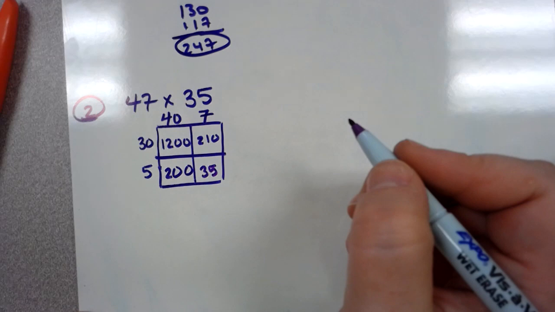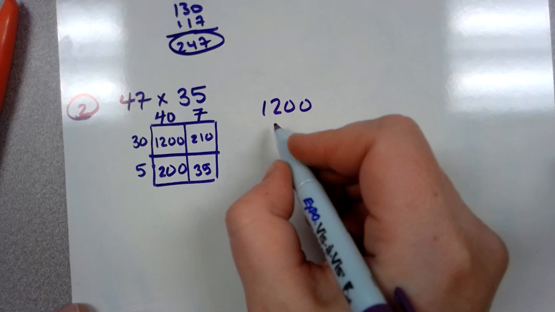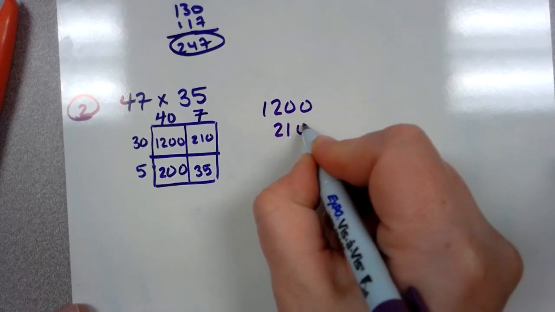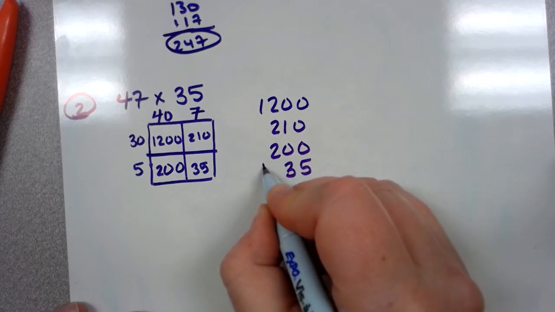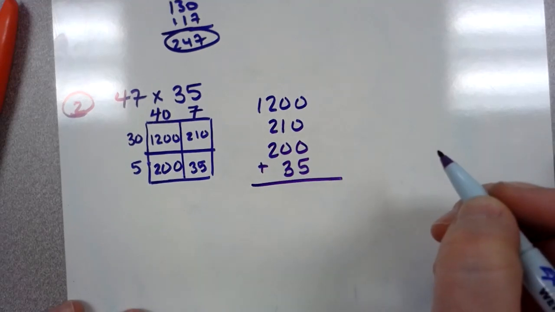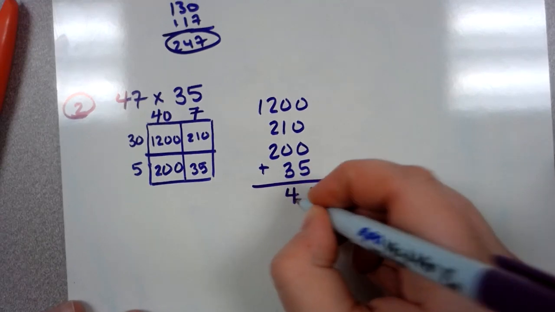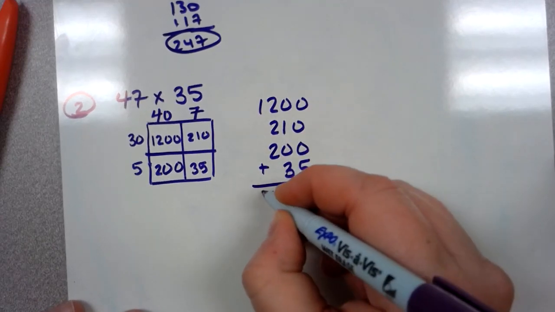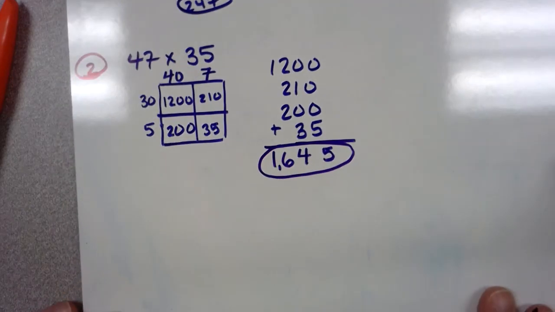So now all I do is I come up here, rewrite my partial products, greatest to least, because it keeps everything nice and neat. And then we add. 5, 4, 6, 1. 1,645.